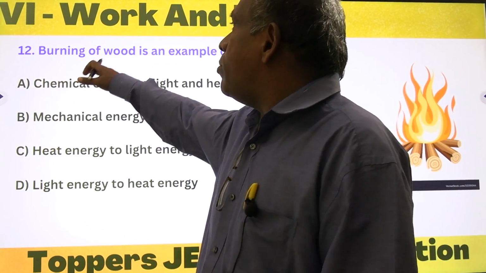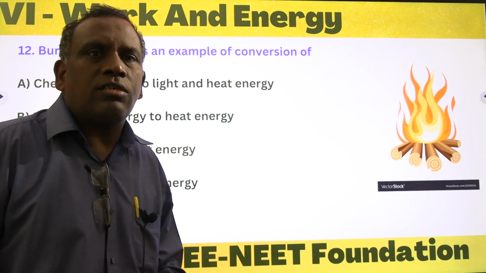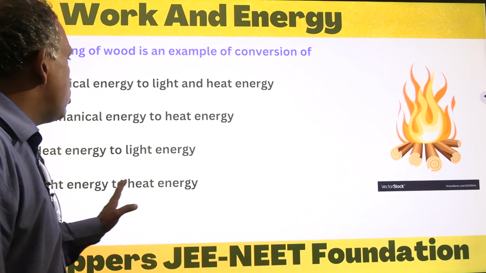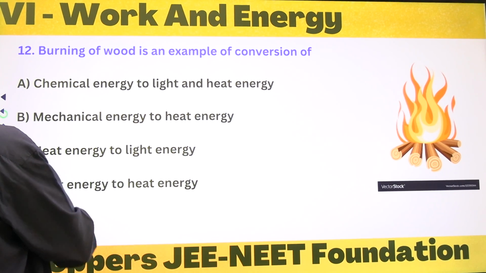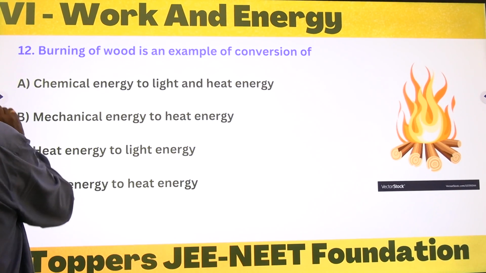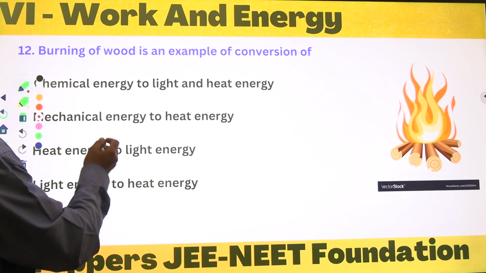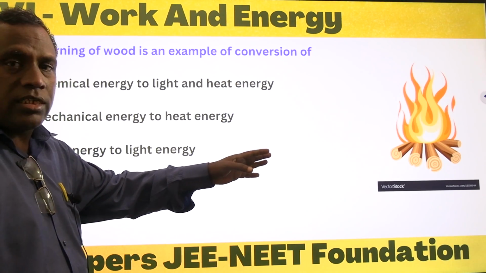The 12th one, burning of wood, is an example of, again a similar question, burning of coal. Here also, conversion of what to what? Burning of coal converts light energy into heat energy, or chemical energy into light energy and heat energy.